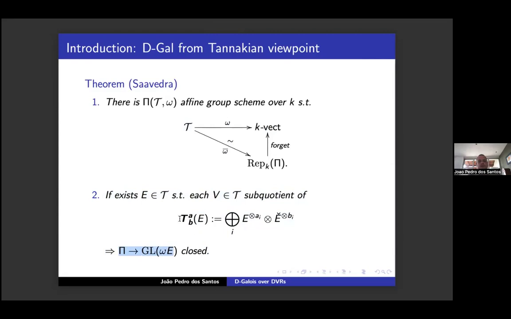It means that if your category is generated by one object, then your group is algebraic, of finite type. You don't really have a projective system, you just stop at some point.